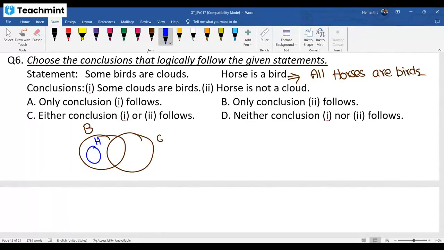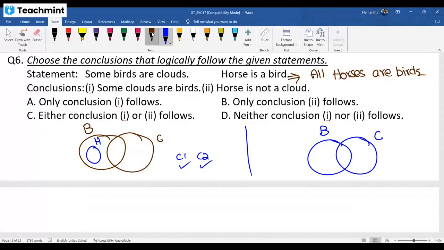As per this, horse is not a cloud, correct? Some clouds are birds, also correct. First one correct, second one correct, both correct. Whereas in the next one, some birds are clouds, and this is still all horses are birds. Here, horse is not a cloud. Second one wrong, first one correct.